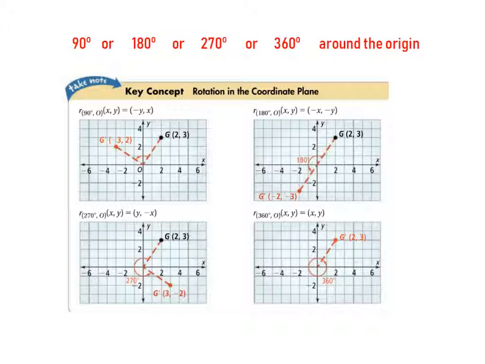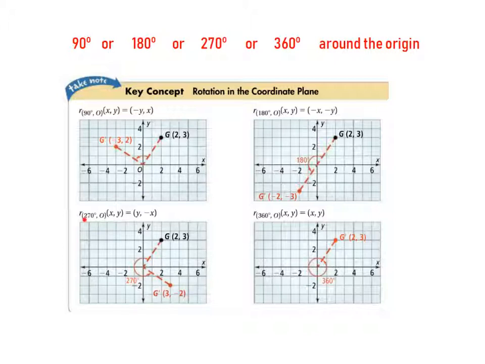Now, not only does that happen, but you can see also that one of the signs will change. So the x turns into the y, but when the y becomes the x, you also have to change its sign. So looking here, the x becomes the y, but then the y, when it becomes the x, you change it to the opposite sign.